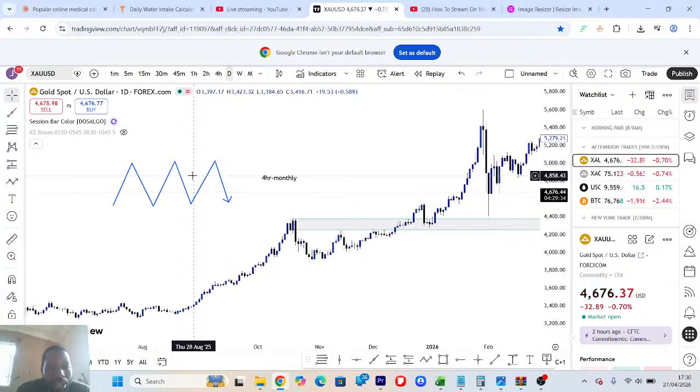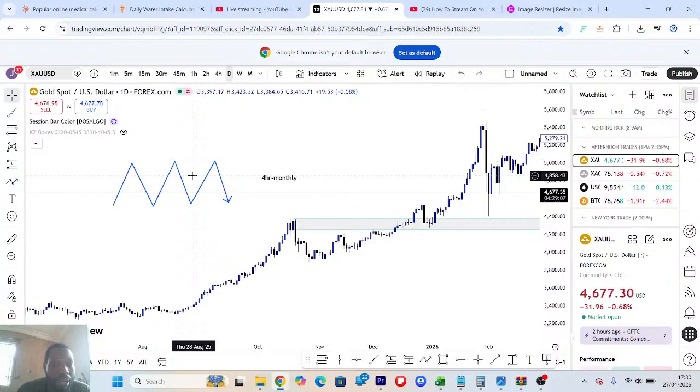So this is where directional bias comes in. You need to understand from the higher time frame how the market is moving, right? Most markets that we say are buying from the higher time frame, when you go to the higher time frame, you're going to see that it's actually a consolidating market.